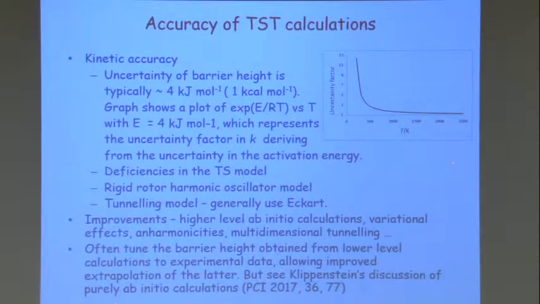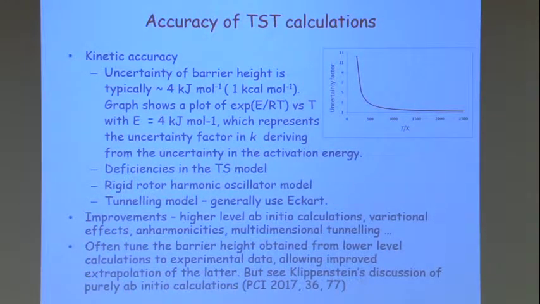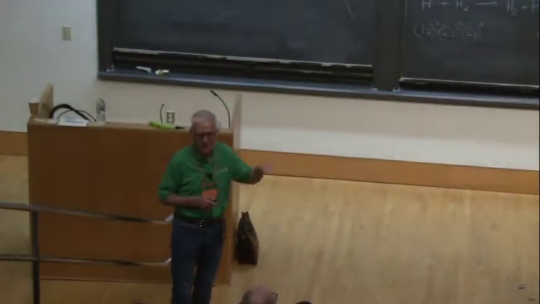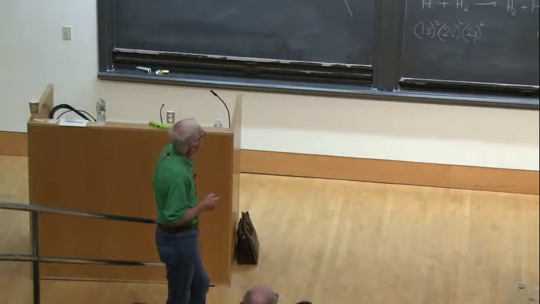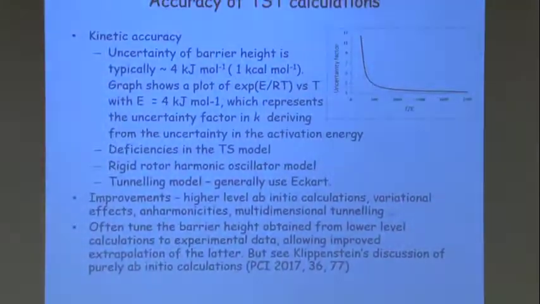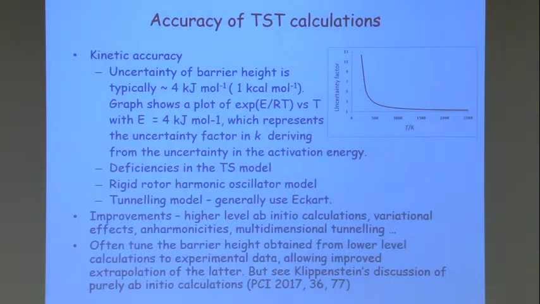There are ways of making things better, and often, because we're experimentalists, what we're doing is we're usually tuning the barrier height or some other aspect of the calculation to the measurements that we've made. But if you look at this paper in the Proceedings of the Combustion Institute, 2017 by Stephen Klippenstein, then you'll see a discussion of the accuracy of purely ab initio, but very high-level calculations.